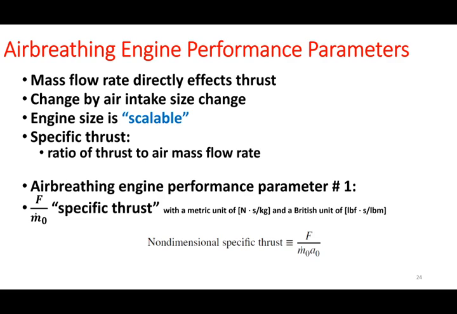It has a metric unit of Newton seconds per kilogram, or a British unit of pound-force second per pound mass. We can always non-dimensionalize this specific thrust by dividing it by the speed of sound, the air speed of sound at a specific altitude and at a specific temperature, right? So this is your first parameter, a specific thrust, and we already know why we are going to use a specific thrust.